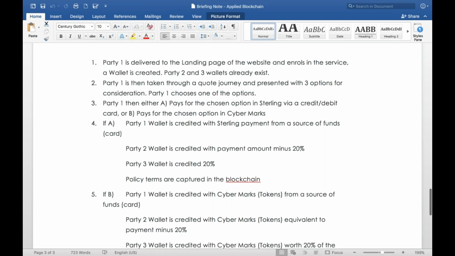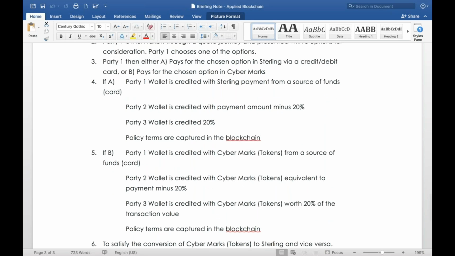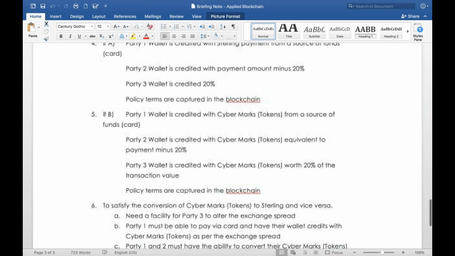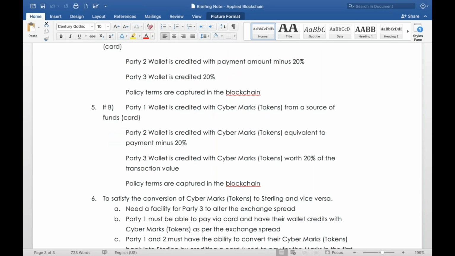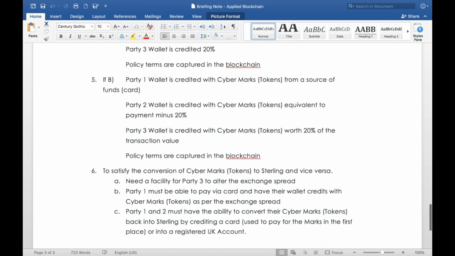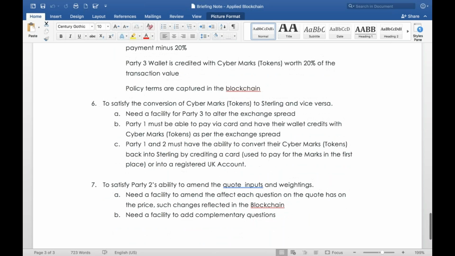When the user wants to get a policy, there is a front end page where the user selects one of three products, then walks through the insurance code. At the end there are two options to pay, one with credit card, another with tokens.